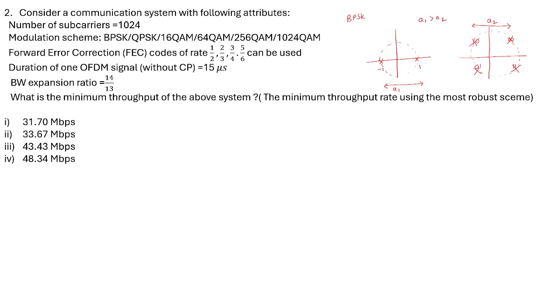So for a particular SNR, the bit error probability is higher for a higher modulation scheme. In some sense, a lower modulation scheme may achieve lower throughput, but it is more robust, since its symbols are situated quite far away from each other.